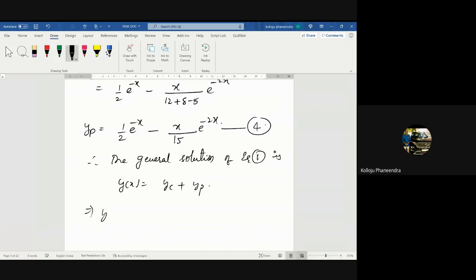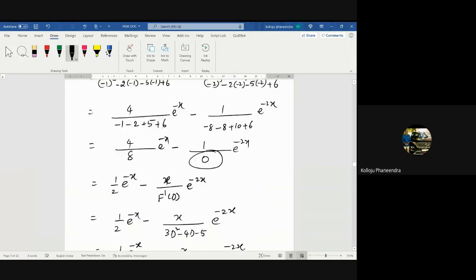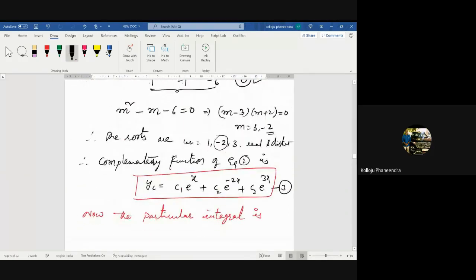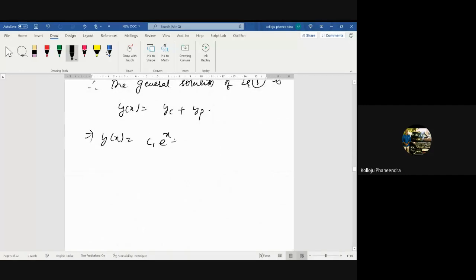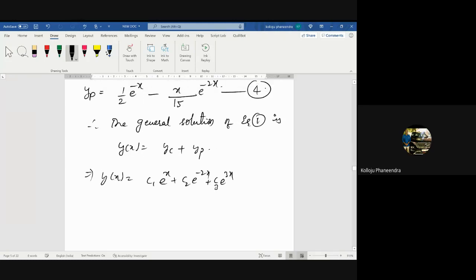That implies y of x equals c1 into e power x, c2 e power minus 2x, and c3 into e power 3x, and what is Yp? Plus e power minus x by 2 minus x by 15 e power minus 2x. This is the answer.